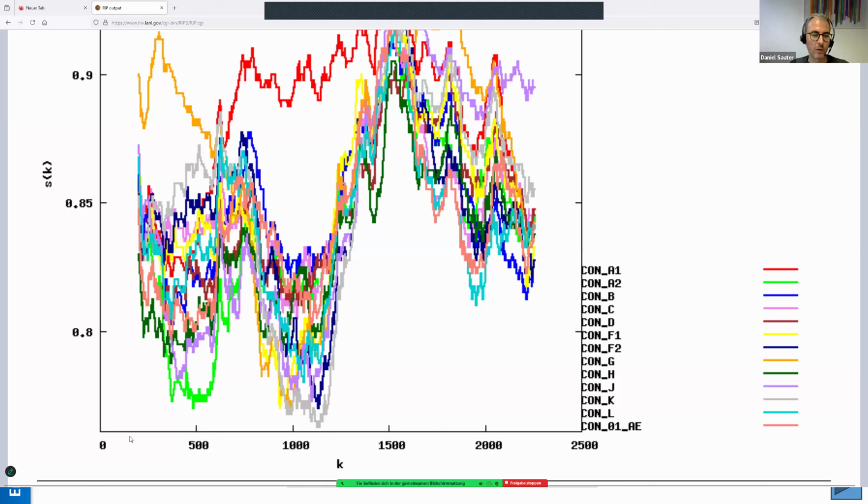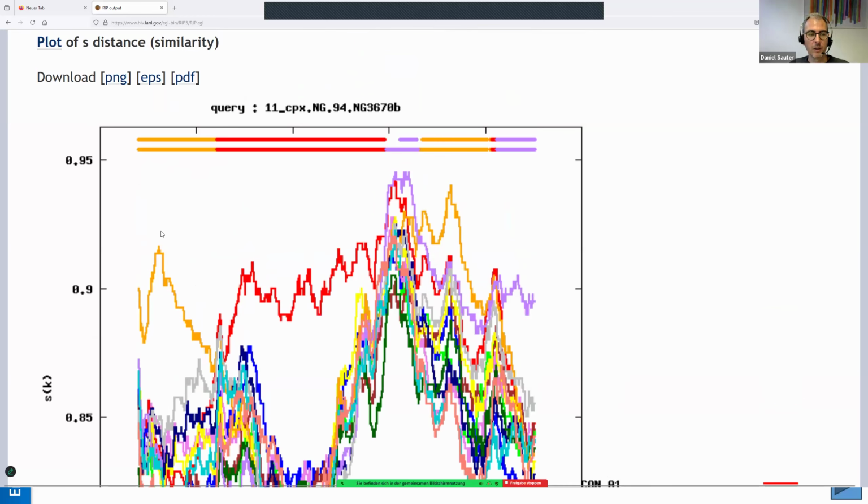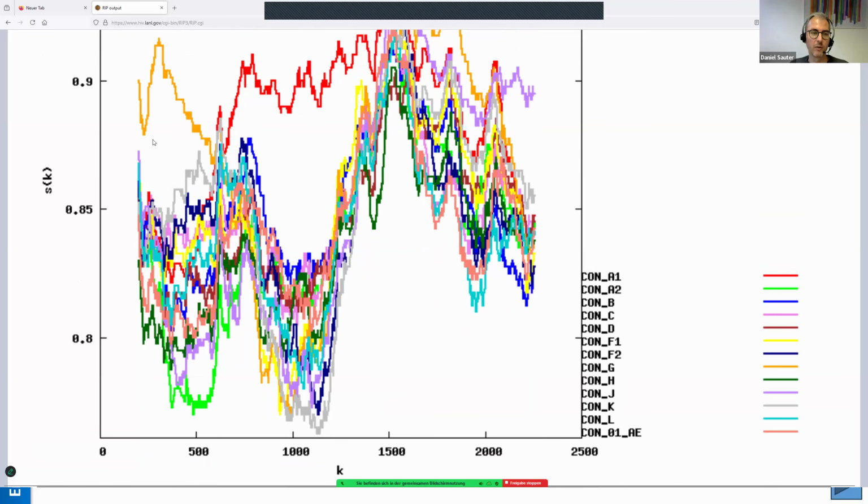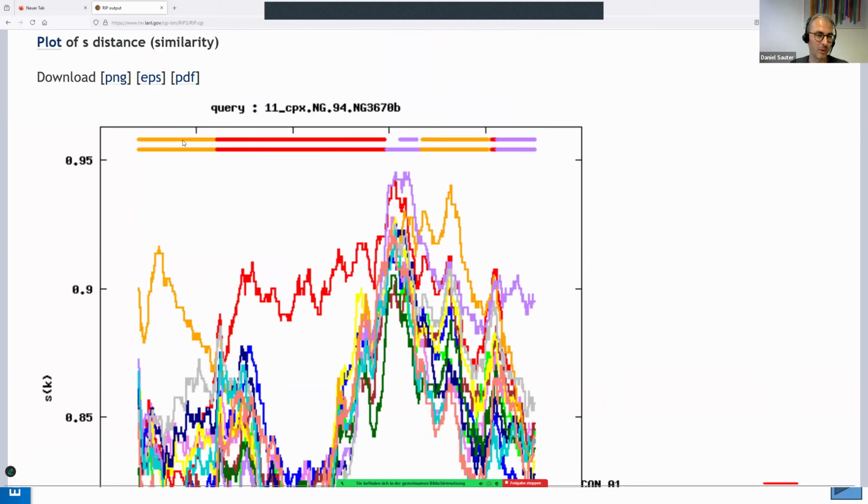Essentially, the 5' end of our example virus, of our query virus, is very similar to this orange virus here, and this is explained here. Orange is a subtype G sequence, so that means that the 5' end of our virus is most likely derived from subtype G because it shares more than 90% homology to subtype G virus.